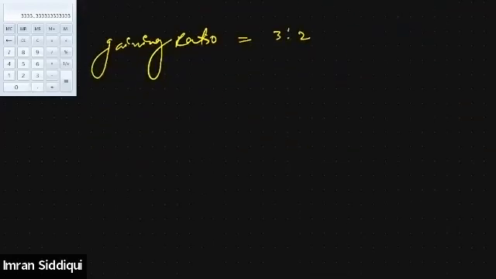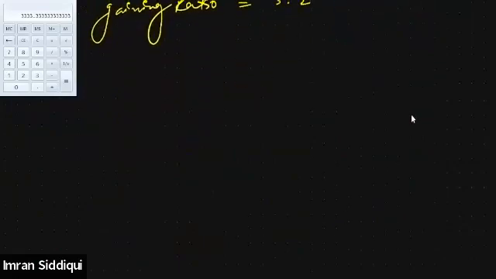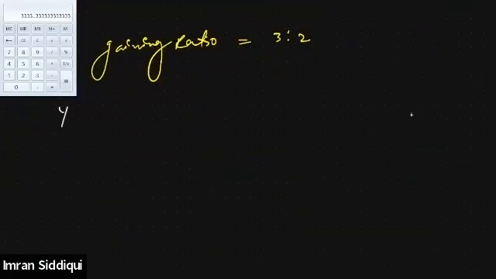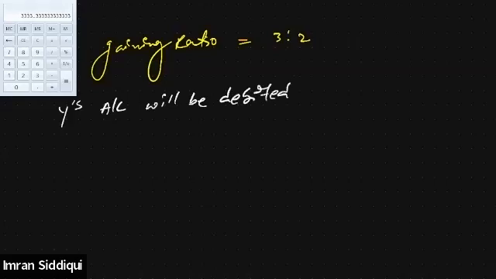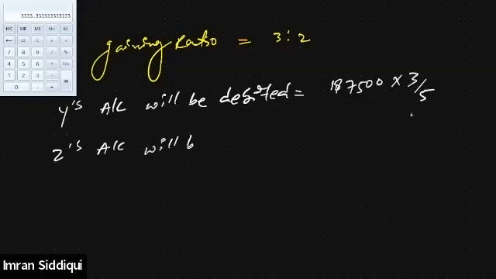And we will distribute the goodwill calculated above, 1,87,500. Y's account will be debited by 1,87,500 multiplied by 3 by 5, and Z's account will be debited by 1,87,500 into 2 by 5.